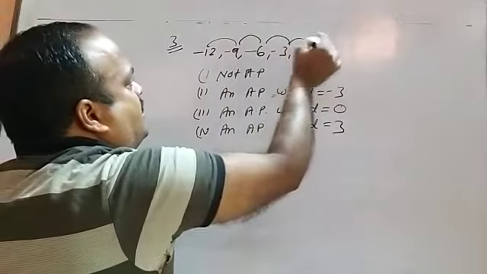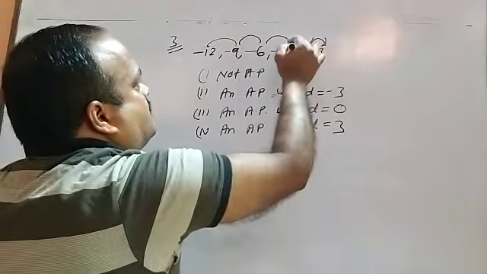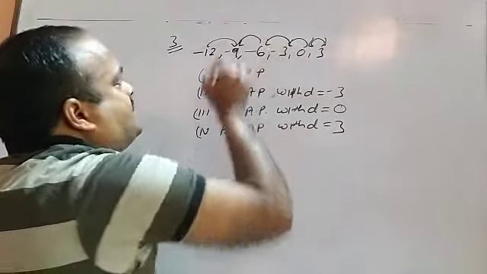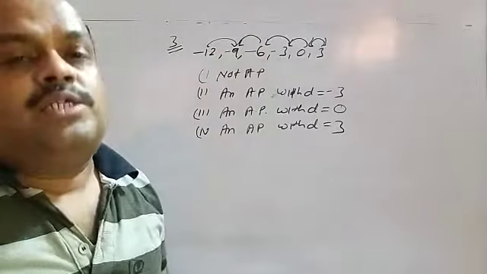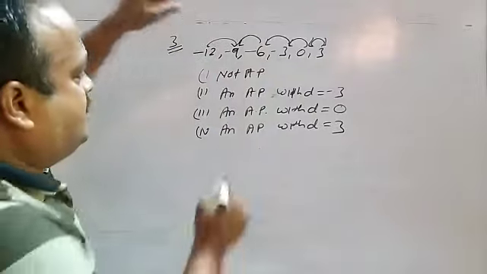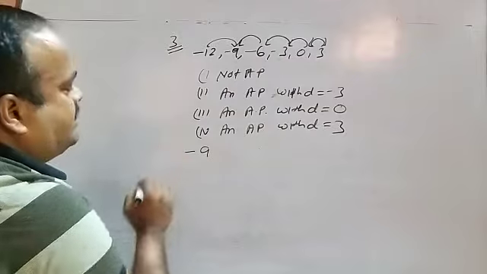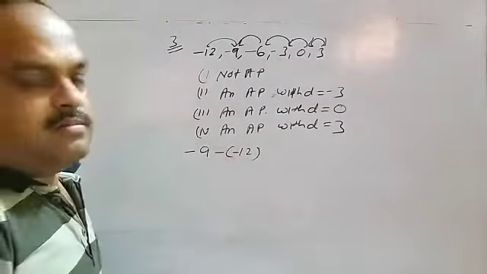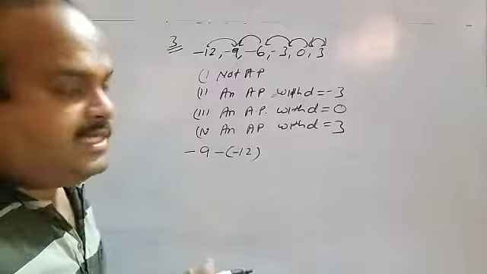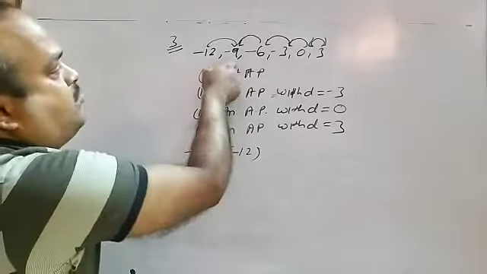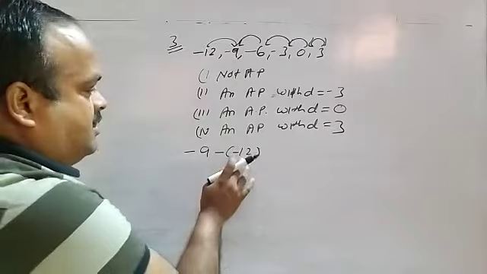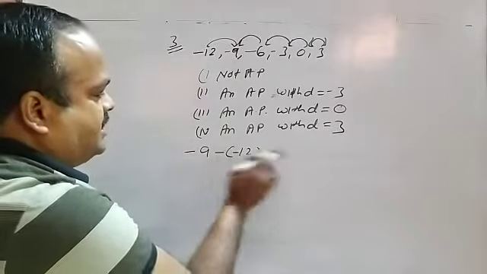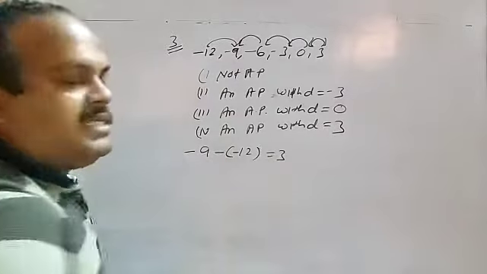Here I am using the arrows, meaning you need to see the difference between two consecutive terms. -9 minus -12. To find the common difference d, I told you, T2 minus T1. So -9 minus (-12), it becomes 3.